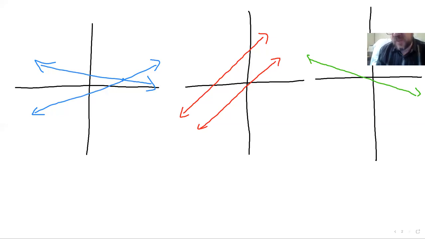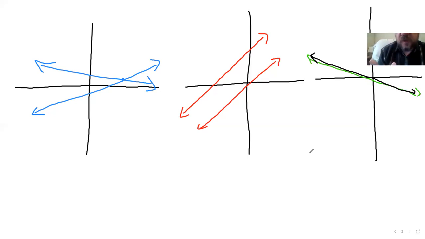So I'm going to draw this next to it, but just know that this is supposed to be the same line. It's not next to it, it's actually right on top of it. So your usual case here, your two blue lines case, is called consistent and independent. And I'm not going to use these words very much. In fact, I'm not even going to worry about them for right now.